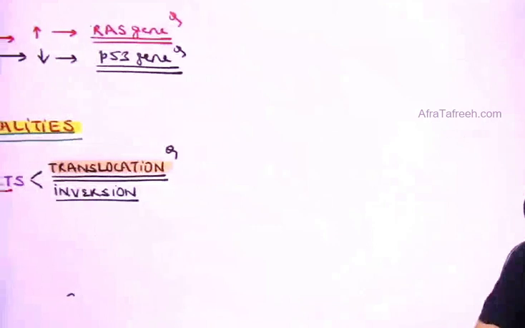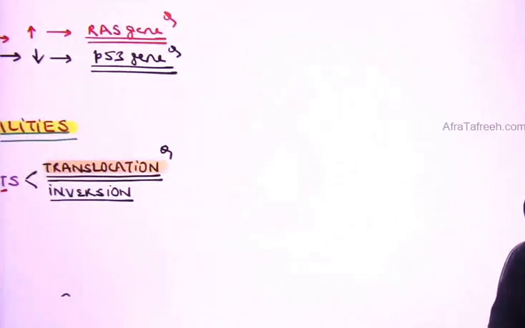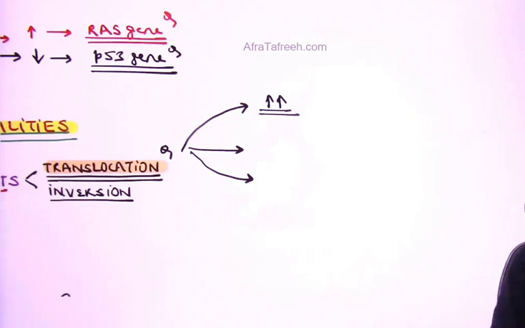Whenever there is a translocation, this can be very bad news for the cell. Why? Because of three mechanisms. When we are talking about gene rearrangements, this is associated with three mechanisms. Mechanism number one is that you can have an overexpression of an oncogene. Mechanism number two is the formation of a novel or new type of protein.